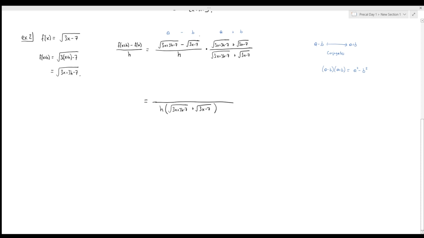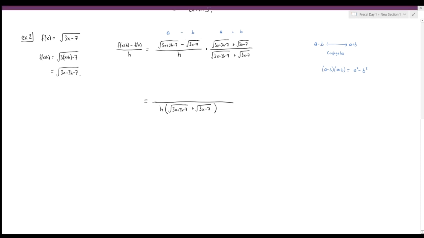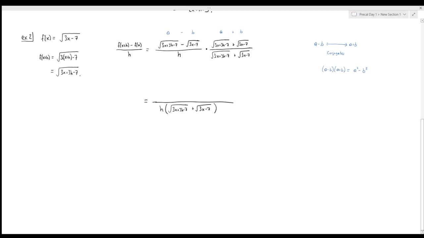Now in the numerator, we're multiplying a minus b times a plus b. So the result of multiplying those together should be a squared minus b squared. If a was the square root of 3x plus 3h minus 7, then a squared would just be 3x plus 3h minus 7.